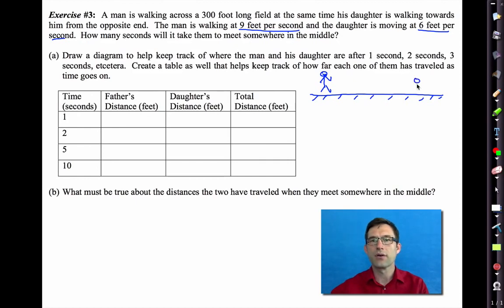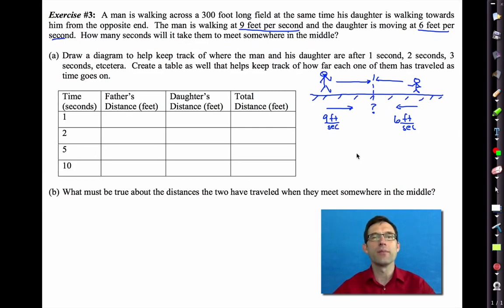Okay, here's his daughter, and I'll make her a little bit shorter, right? And they're walking towards each other. He's walking at 9 feet for every second, and she's walking at 6 feet for every second. And somewhere, they're going to meet in the middle. All right? We want to figure out how long that's going to take.